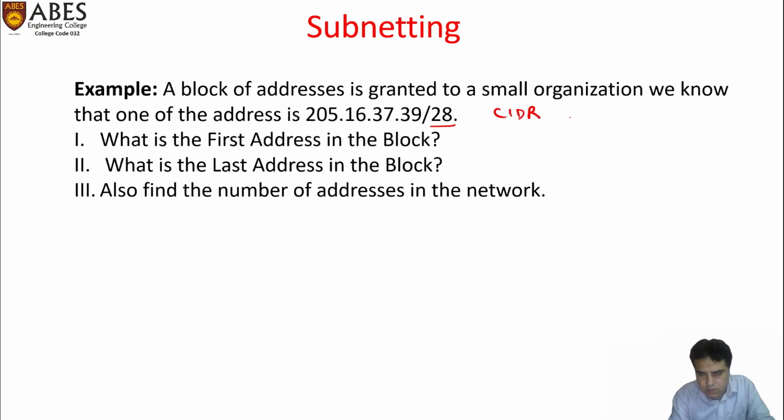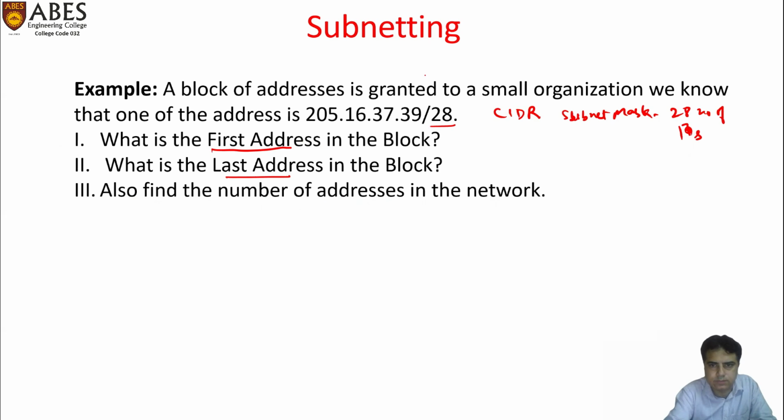What it means in the subnet mask is a total of 28 ones are used. Now we have to find the first address in the block, the last address, and also the number of addresses in the network.